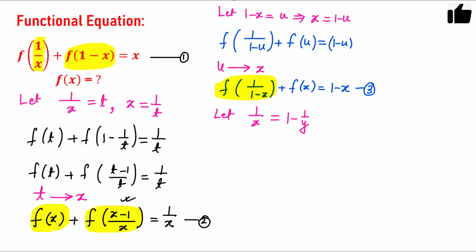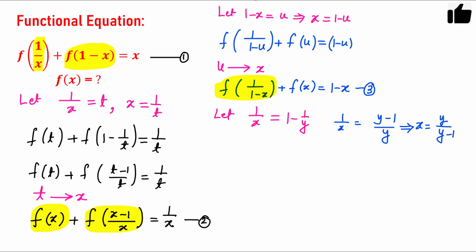This term is (x - 1)/x, which is nothing but 1 - 1/x. So the motivation is coming from here. So now with this I can solve for x. So this will be simply 1/x = (y - 1)/y. This means x = y/(y - 1).